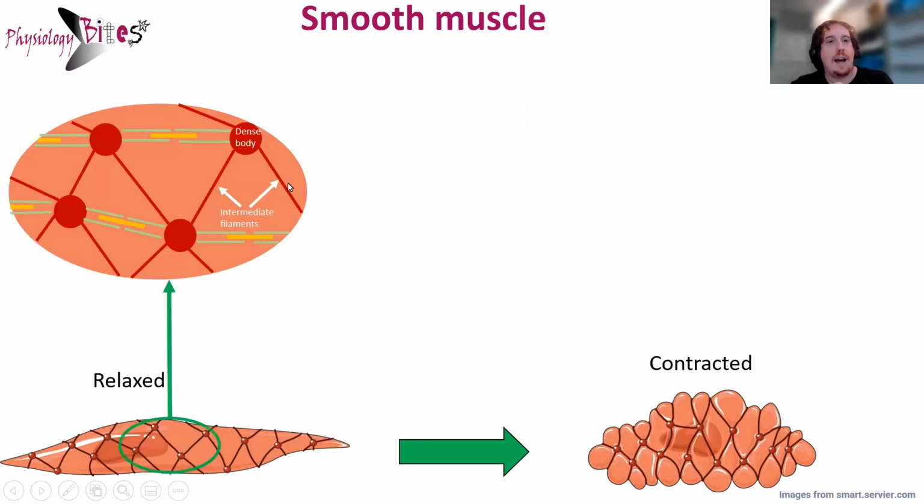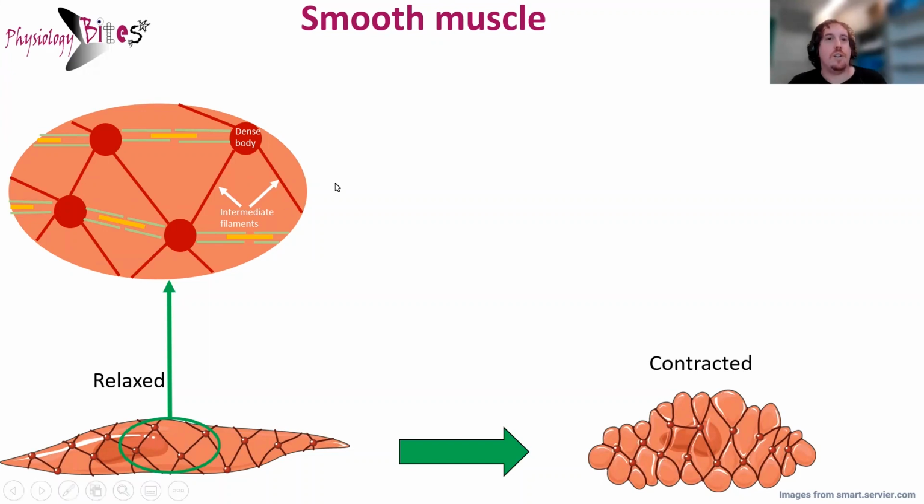If we zoom in on our relaxed muscle, what we see is those red dots are what we call the dense bodies, and those red lines that connect those dense bodies are intermediate filaments. This provides the scaffolding, the basic shape, and the basic structural integrity for our smooth muscle. But they're not actually the things which cause contraction.